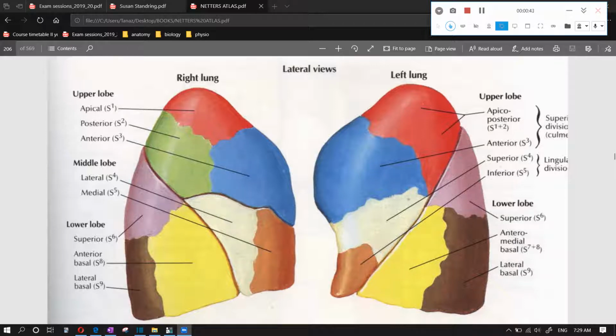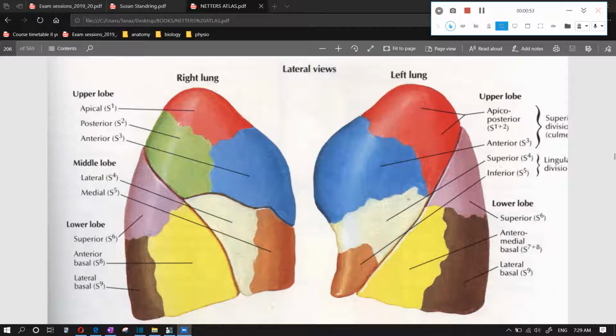Now, we'll keep that information aside and understand how the left primary bronchus is divided into its lobar part and its segmental part, and how it branches off inside the lung.